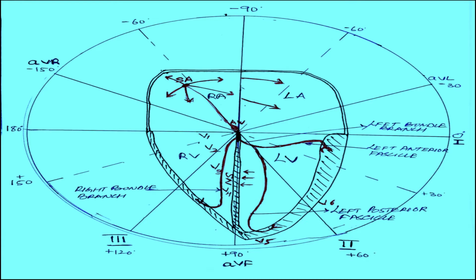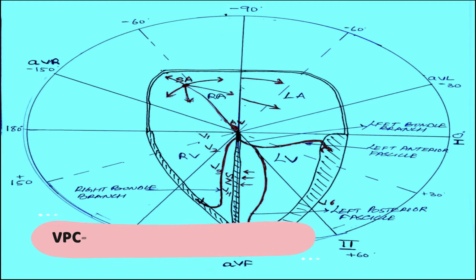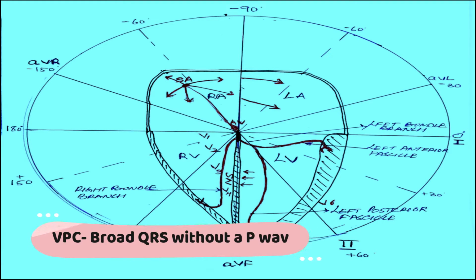Whenever the impulse starts from some other area in the heart, it spreads slowly in the myocardium. That is why you get a broad QRS whenever the ventricles fire and produce a ventricular ectopic. So in a VPC, ventricular premature complex or ventricular ectopic, the QRS is broad.